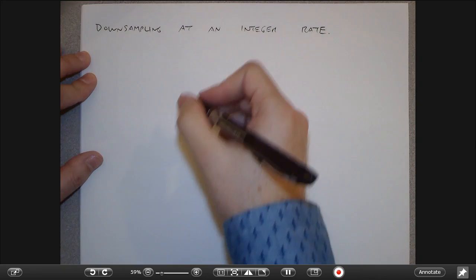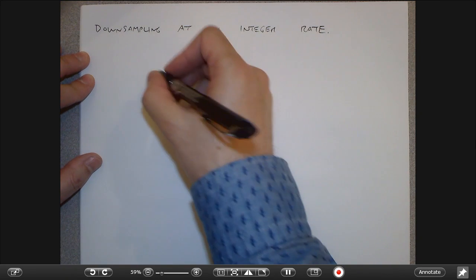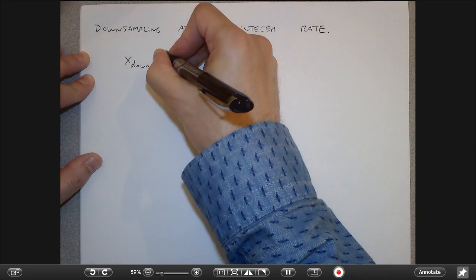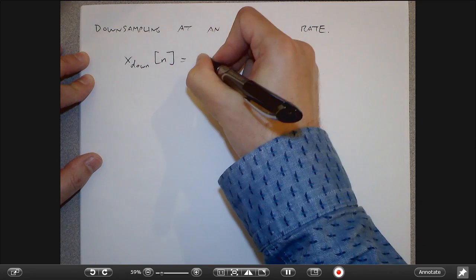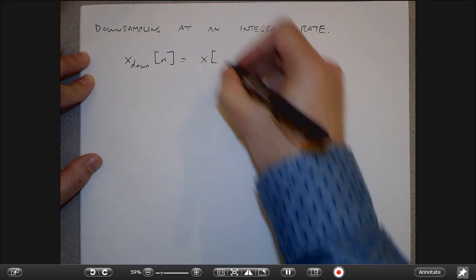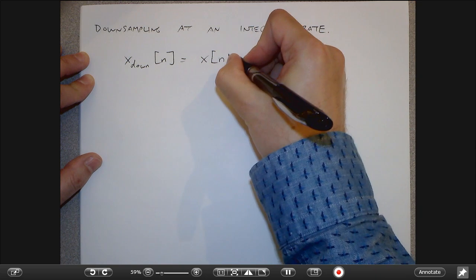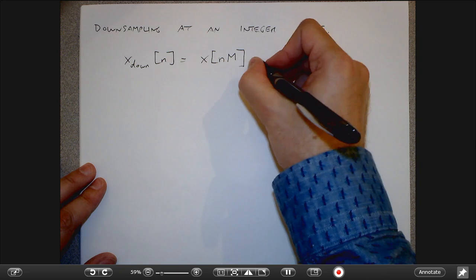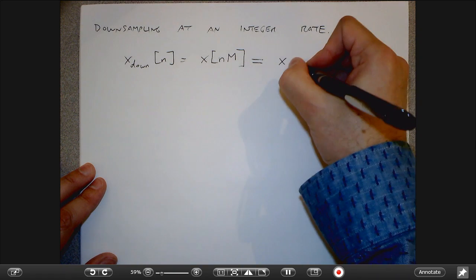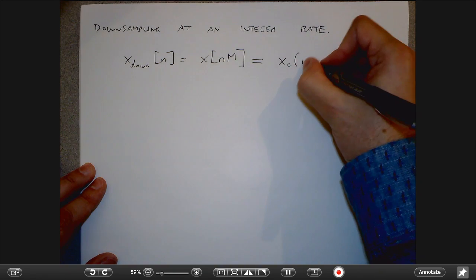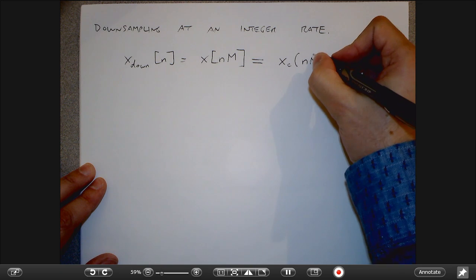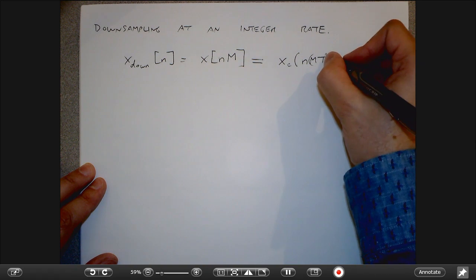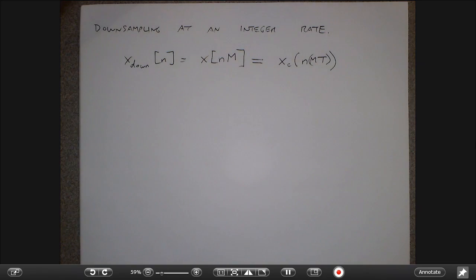So what does that mean? That means that my downsampled signal is my original digital signal taken every m units, which is the same thing as if I had sampled the continuous time signal every mt units.